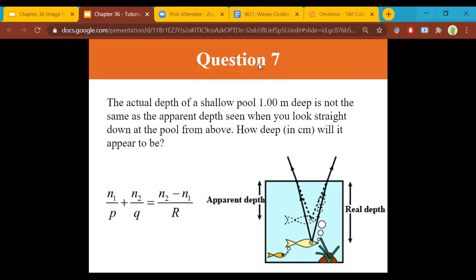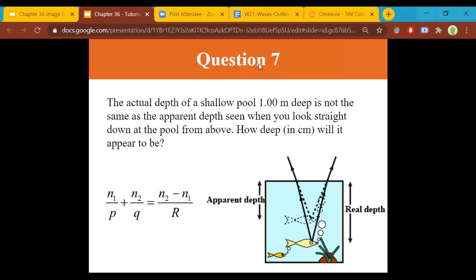So the images created by light coming out of the pool are minified. And the reason is because the pool has a higher index of refraction than the air above it, which makes all images virtual and smaller.